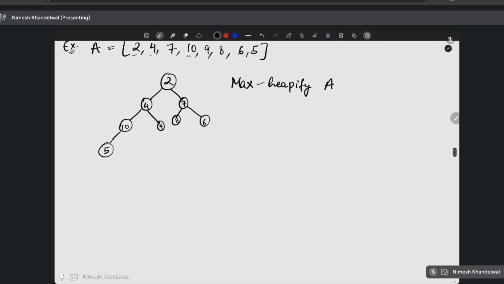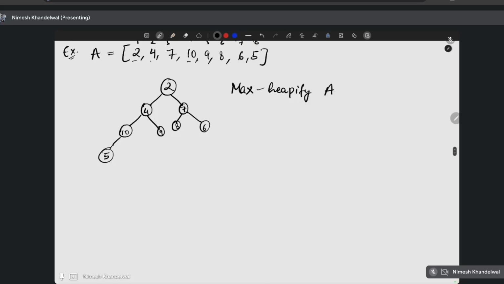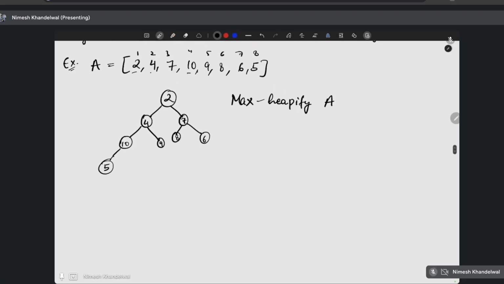So for max heapify, yeah, we start at our first element, right?